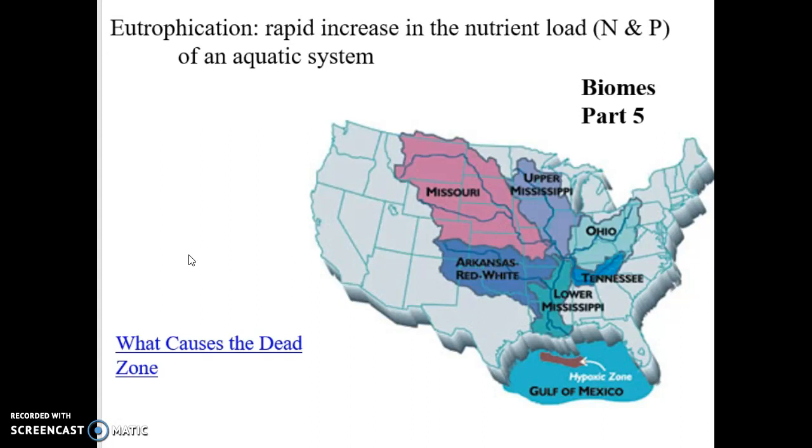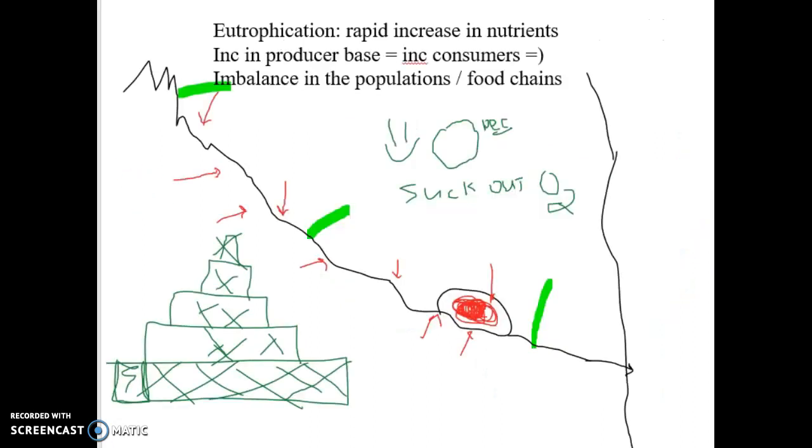So as that producer base gets larger, it supports a larger consumer group, but then when the producer base crashes, especially in the Midwest because of seasonal changes, we see all of this die off here.